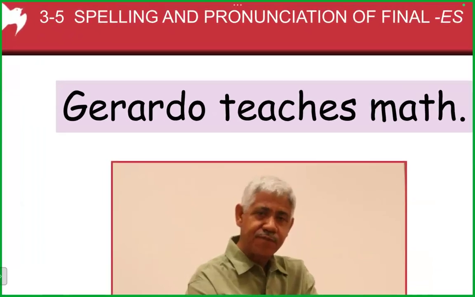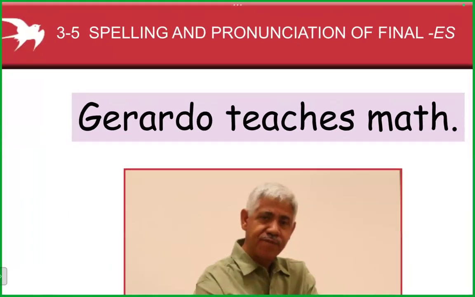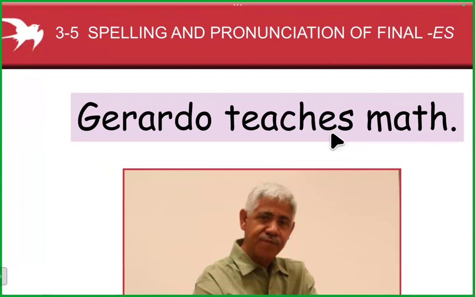As you can see, the verb teach. In this case, we have added the suffix es because this is the third person, and there are some rules that we need to learn in order to work properly with the suffixes in the third person.